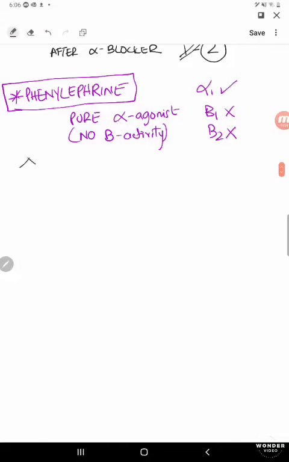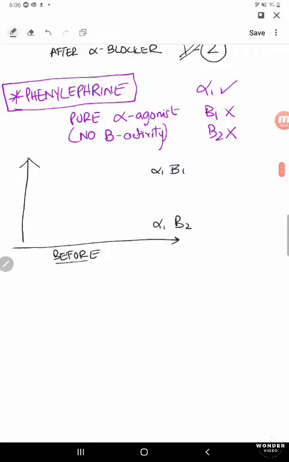So before we give the alpha blocker, let's draw our graphs. Alpha 1, beta 1, don't forget to write these down, they make it super easy. And we said before we give phenylephrine, right? So there is no beta activity, let's just cross that out. So when there is no beta activity and there's purely alpha 1 activity, we will see an increase in systolic blood pressure.